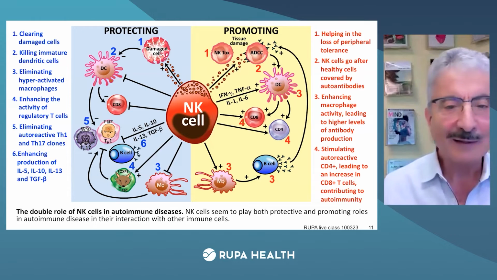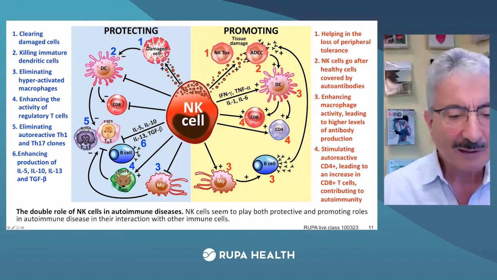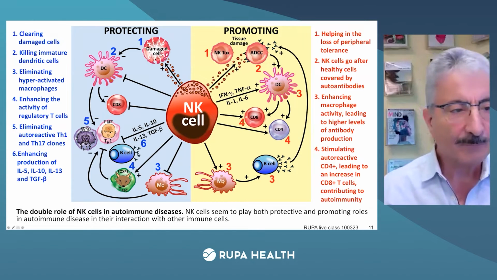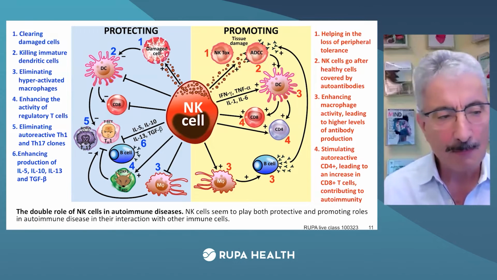Number one, they can clear damaged cells by releasing bullet-like materials. They can clear cells damaged by viruses, go after tumor cells, and kill immature dendritic cells because they are highly inflammatory.